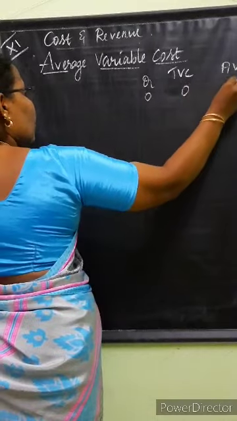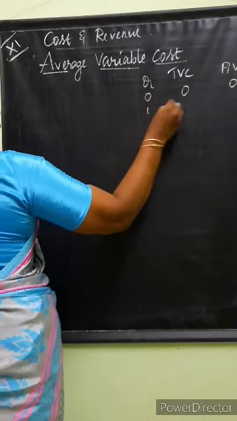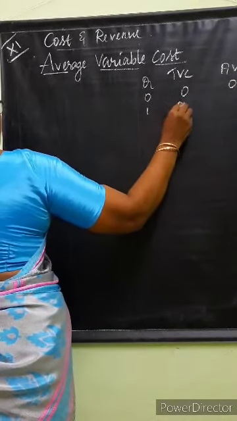First one is 0, so here also it will be 0. When it increased, it also increased.